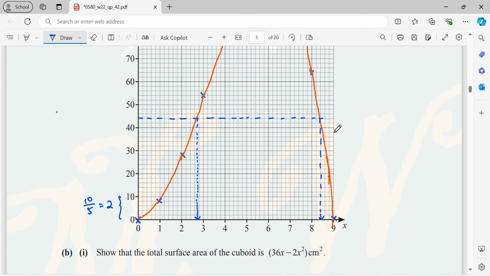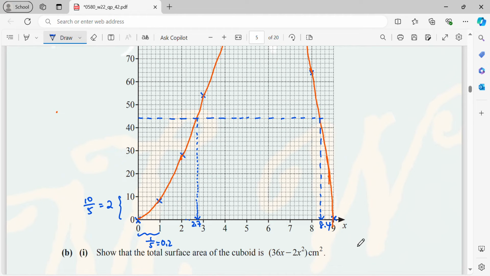Again, in the x-axis, you have 1 unit but 5 squares, so it will be 1 over 5 for each square, which is 0.2. So for the first x value, it will be 2.2, 2.4, 2.6, 2.7. And the other one is 8.4 based on my drawing.